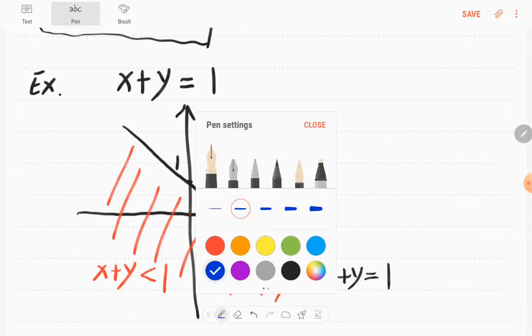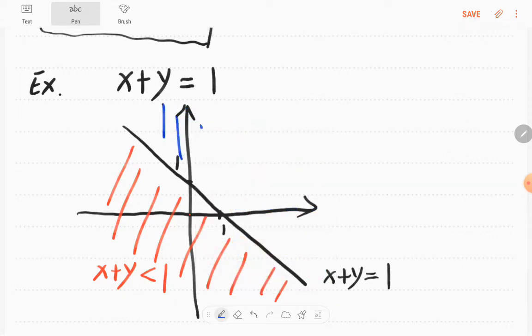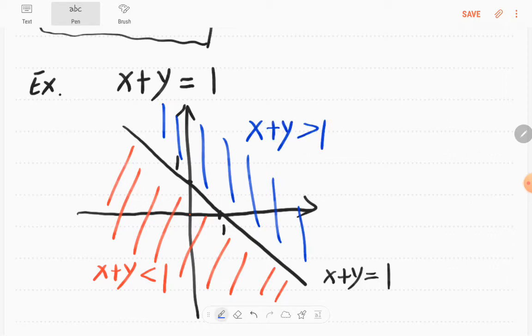For this blue region, which is called the upper region, or the right region of this line, this represents x plus y greater than 1, okay? And the black line is the boundary, which is x plus y equals 1.